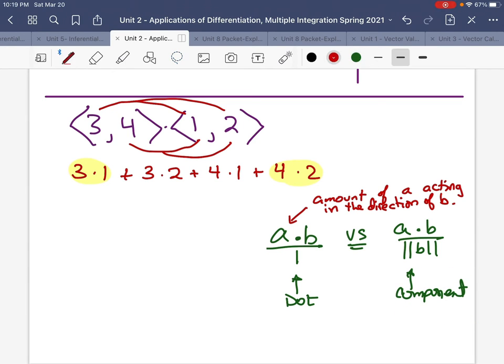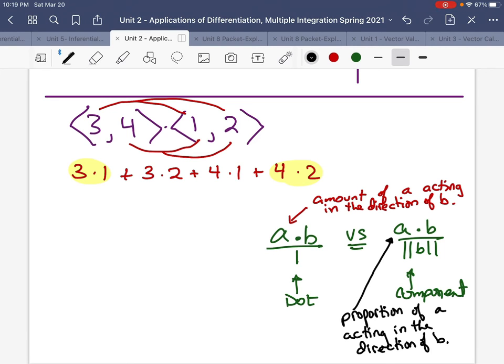And so what that actually gives us, I'll just make a little arrow here, is the proportion of A acting in the direction of B. So we're talking about, instead of it just being a raw quantity, a fraction of whatever the magnitude of B is.